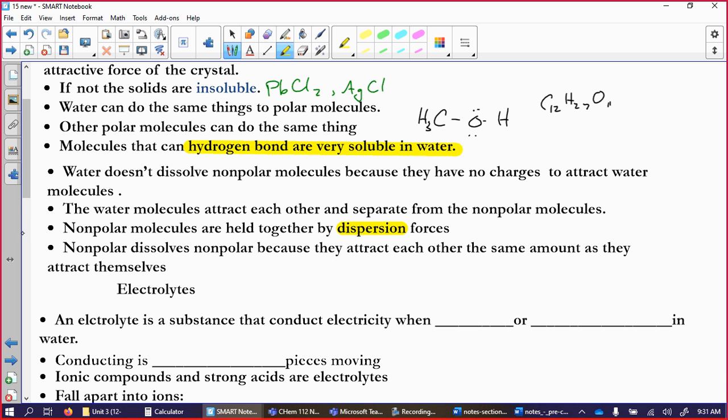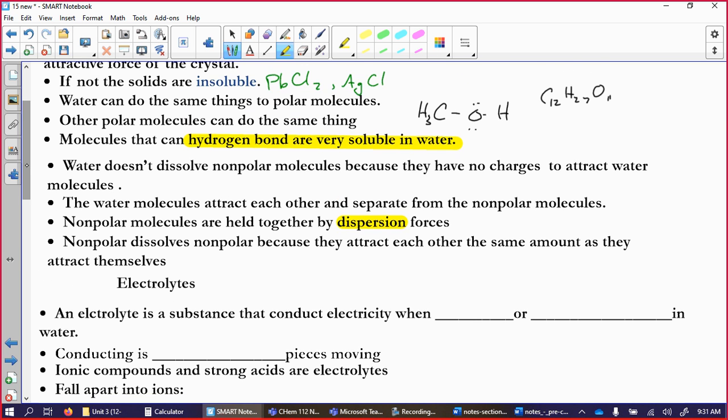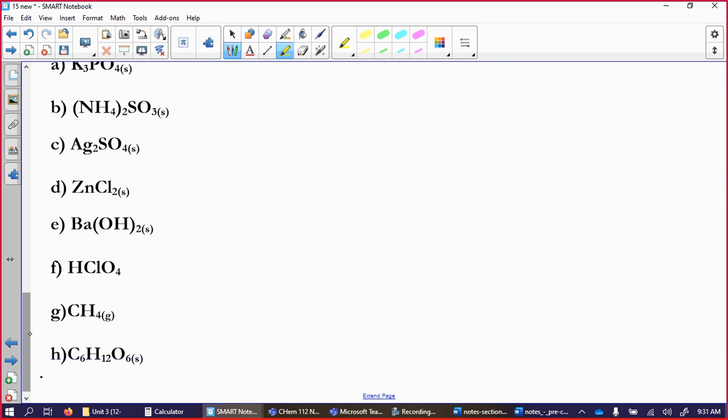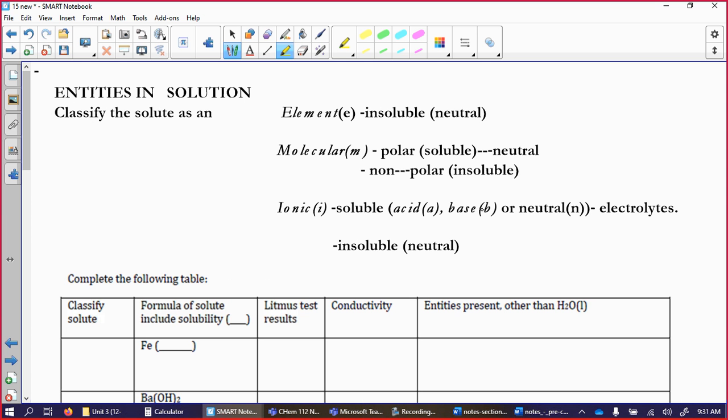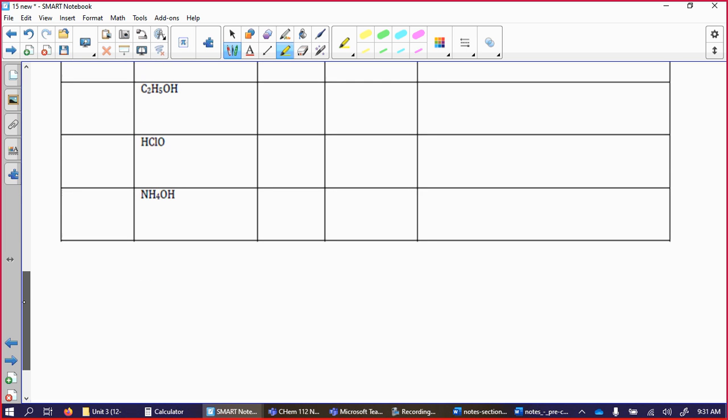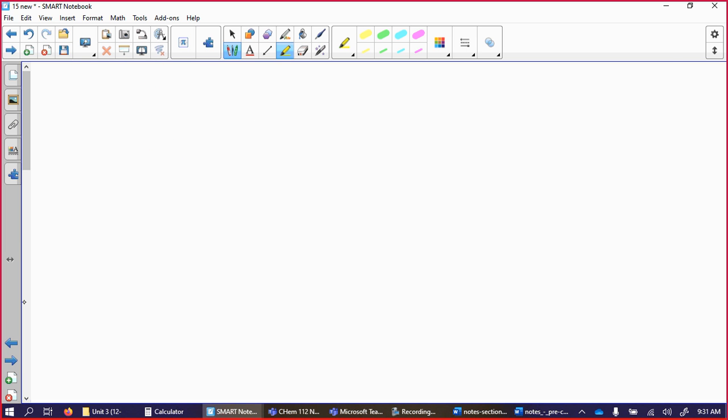But we'll stop there. We'll talk about electrolytes. We're mainly concerned about water and what happens in there. We'll finish that and talk about checking types of compounds, what is in solution, and we'll go through these tomorrow.